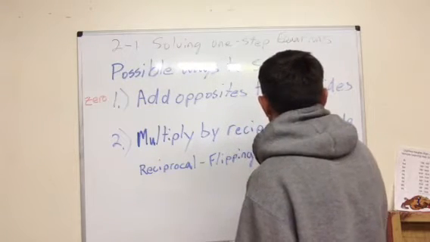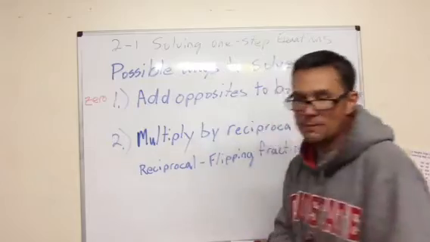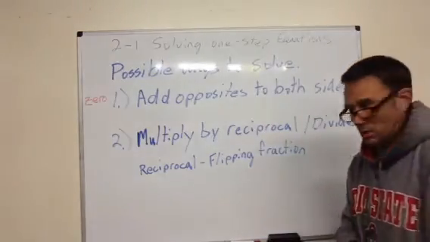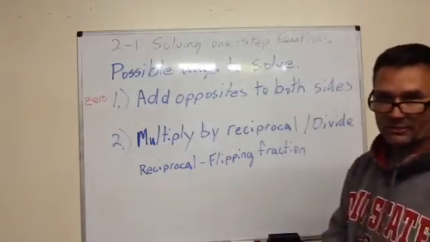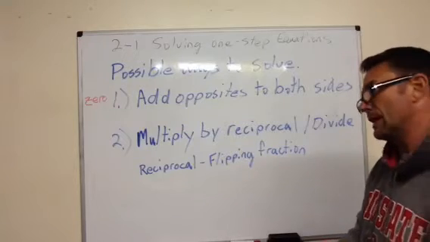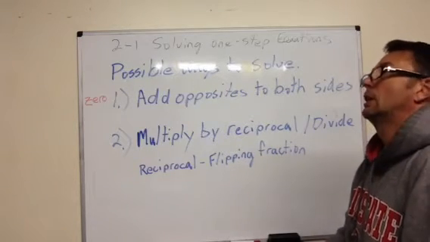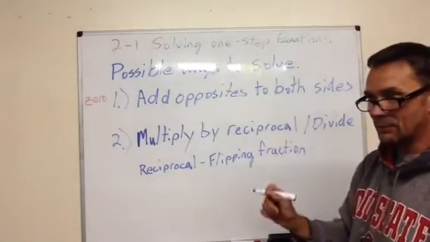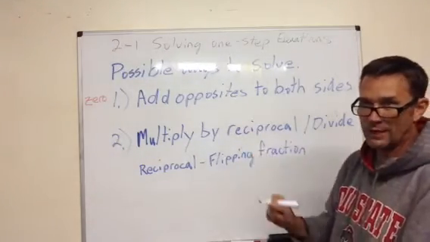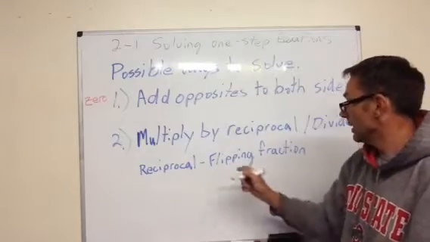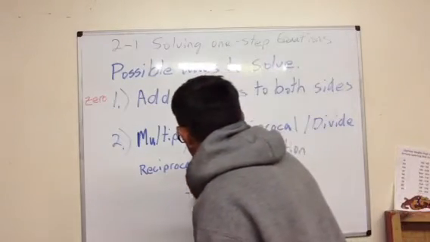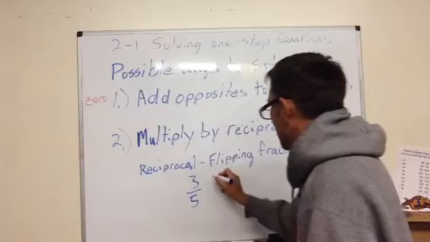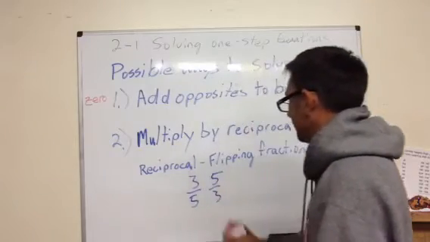And hopefully you remember the word reciprocal going back to dividing fractions. We had 2/3 divided by 4/9. We couldn't divide them, we had to multiply by that reciprocal of 4/9 to make it 9/4. So a reciprocal to 3/5 is 5/3.